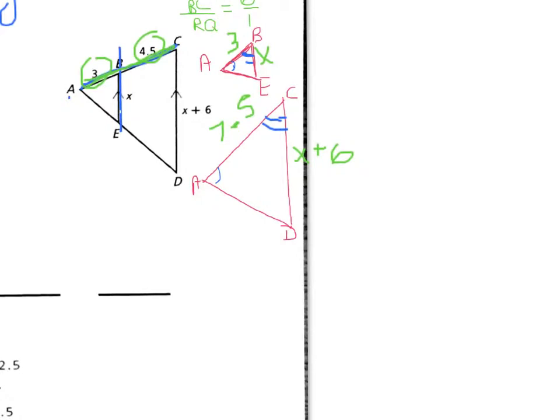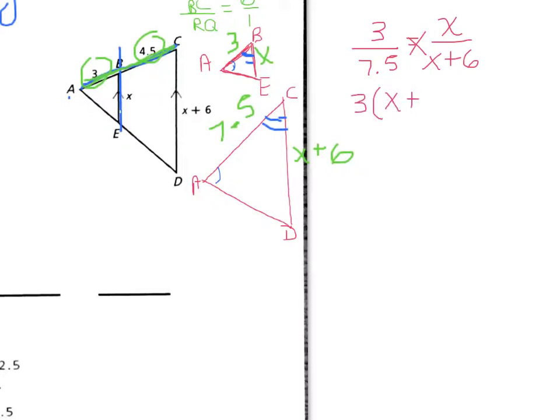Now I can compare AB is to AC as BE is to CD. I'm going to write 3 is to 7.5 as X is to X plus 6, and then you can just cross multiply. So 3 goes in the front.